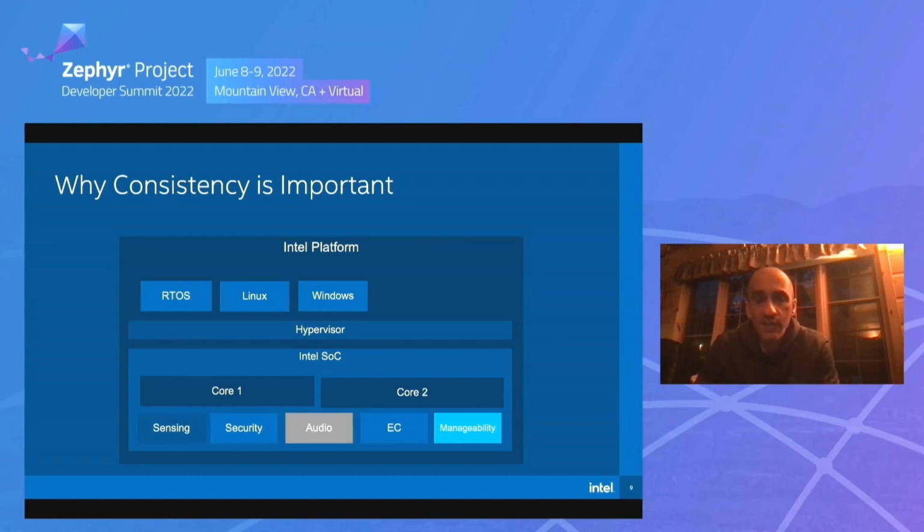And this is something where the platforms evolve all the time and changes happen all the time, and it's very important for us to be able to mix and match or switch or share or reuse some of the features when these products evolve. So assume, for example, if at some point we decide to move the sensing IP from IA to something else, we don't want to go and rewrite the application or the firmware and start from scratch.